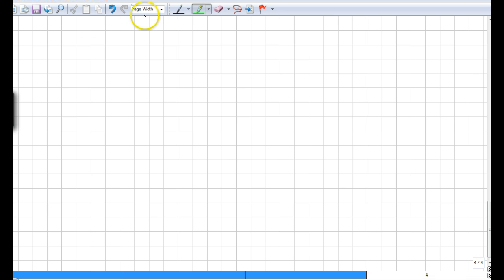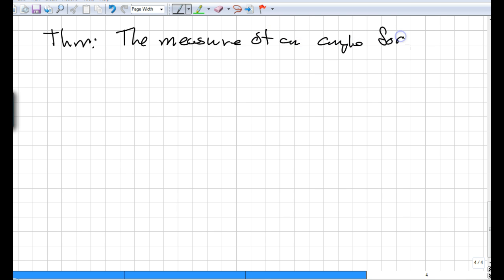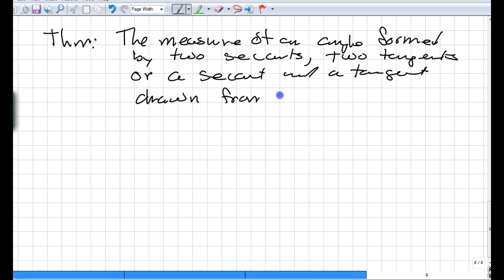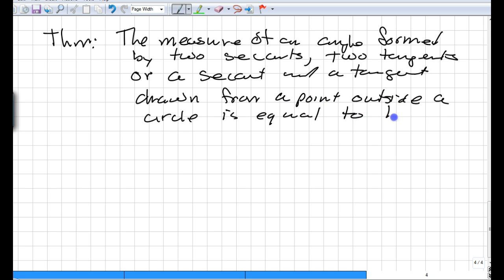Okay, so the theorem says the measure of an angle formed by two secants, two tangents, or a secant and a tangent drawn from a point outside a circle is equal to half the difference.